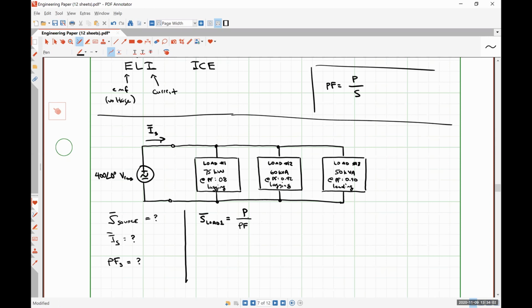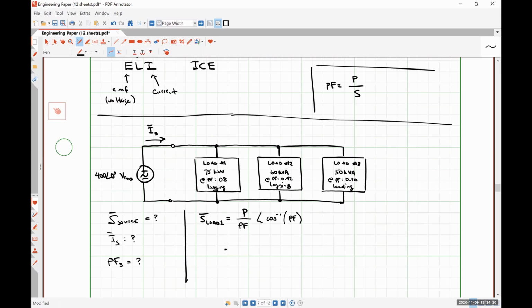How are we going to go about finding the angle? Well, the angle is simply the inverse cosine of the power factor. And anytime our power factor is lagging, we know that our angle should be positive. And anytime the power factor is leading, we know that our angle should be negative. It's that simple.